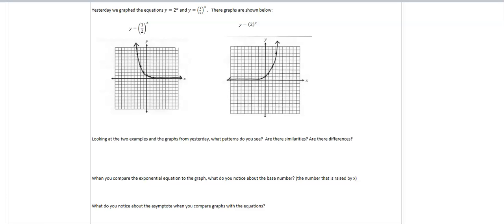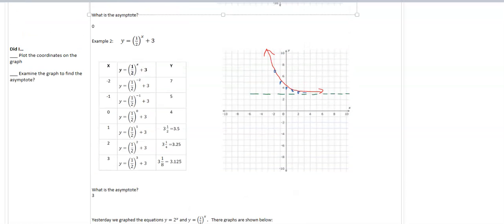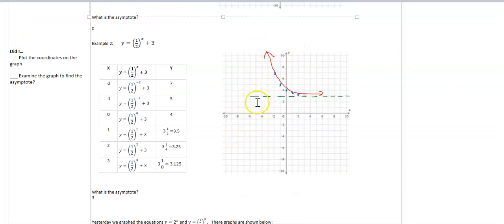The last question is, what do we notice about the asymptote when we compare graphs with the equations? So for both of these two examples here, the asymptote is 0, because we're never crossing over our x-axis here. But let's see, if I look up here, example 2 that we did, our asymptote is at +3.